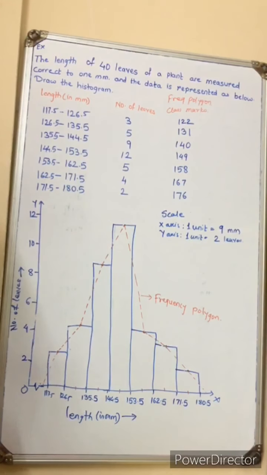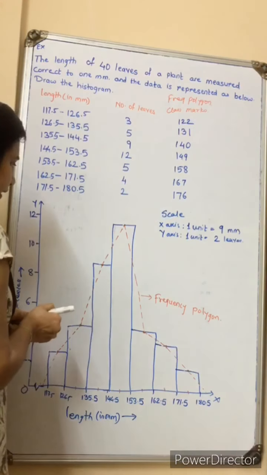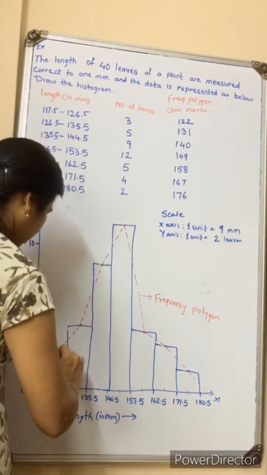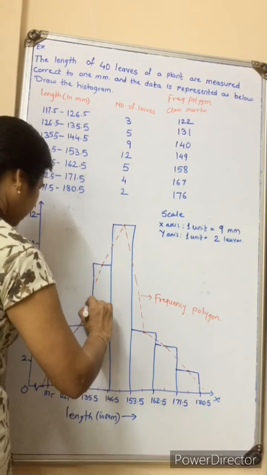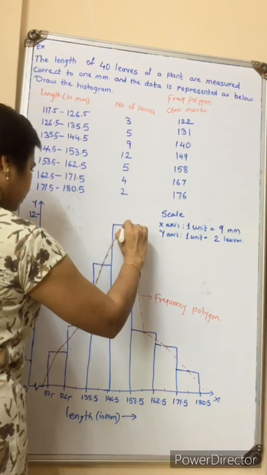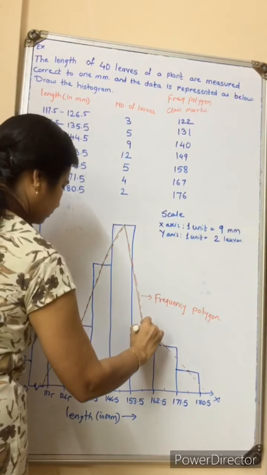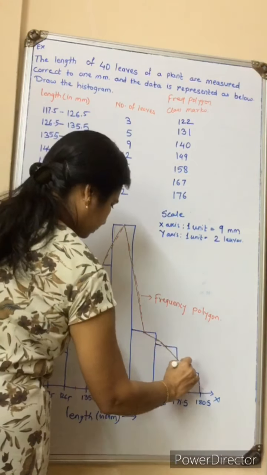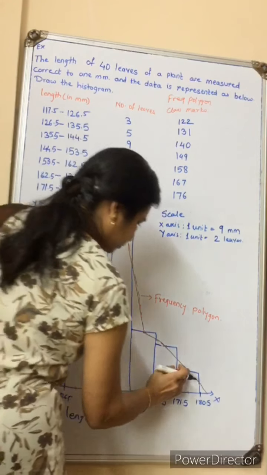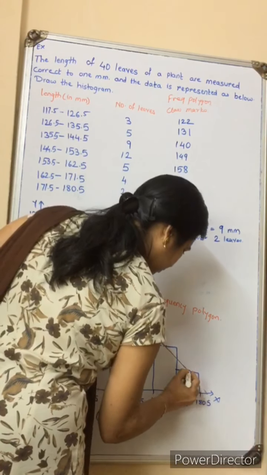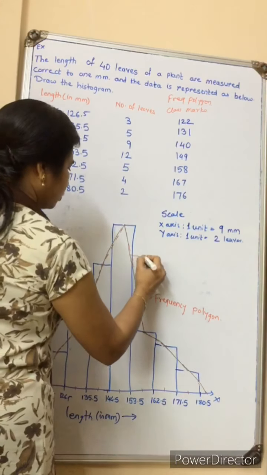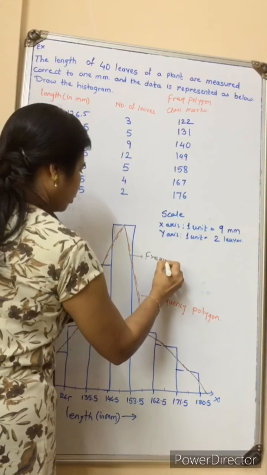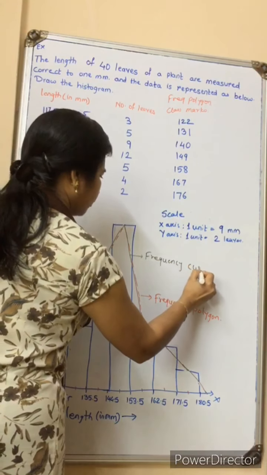And one more thing: if you join the points by a freehand curve, you will get a frequency curve.